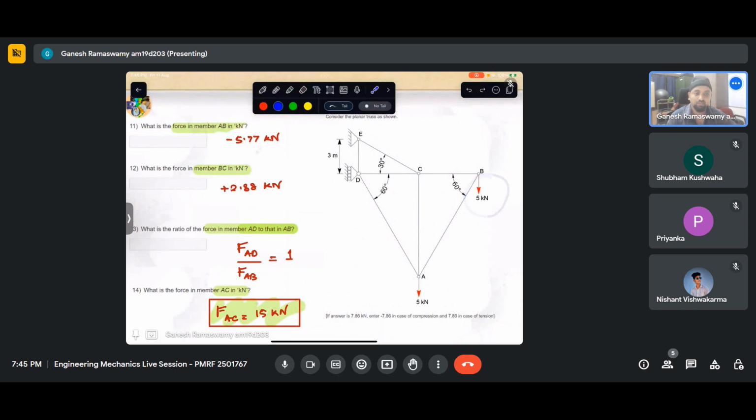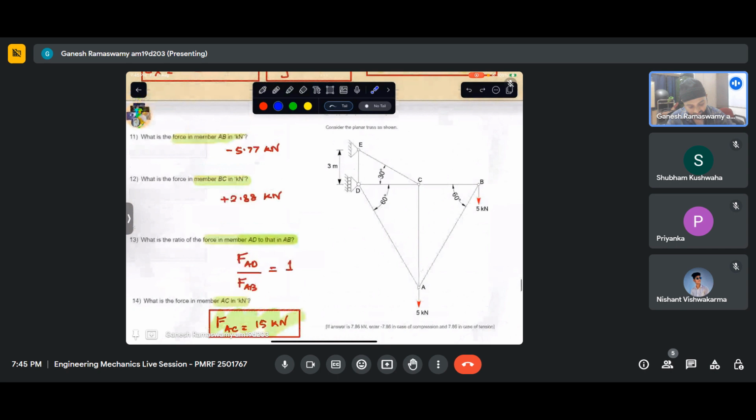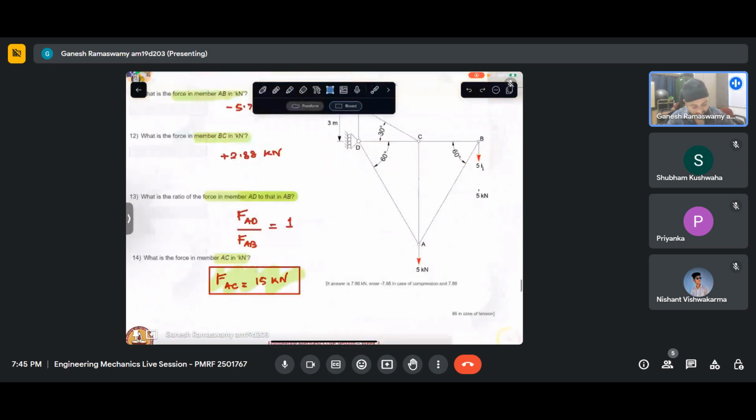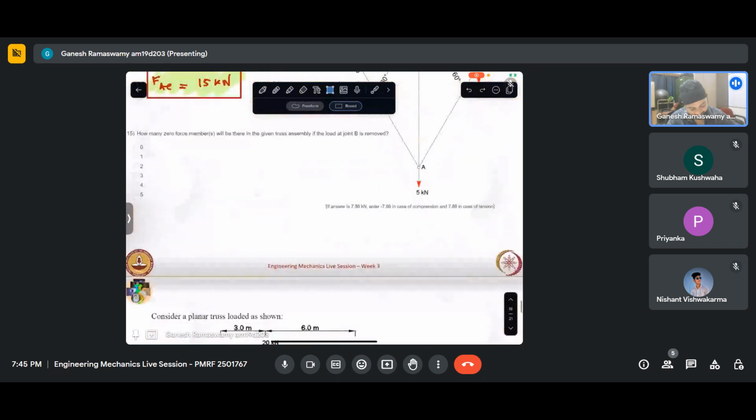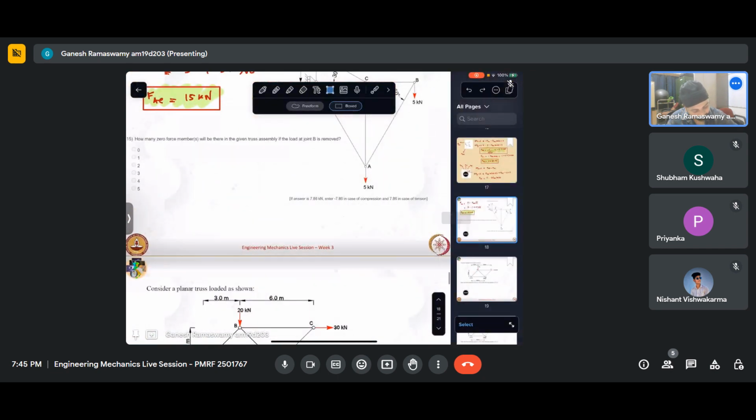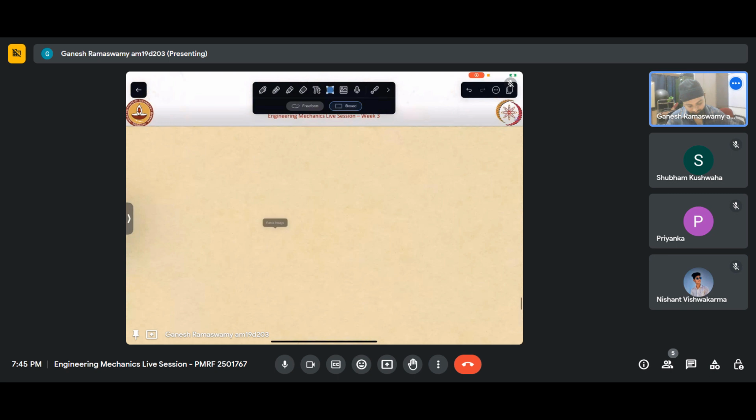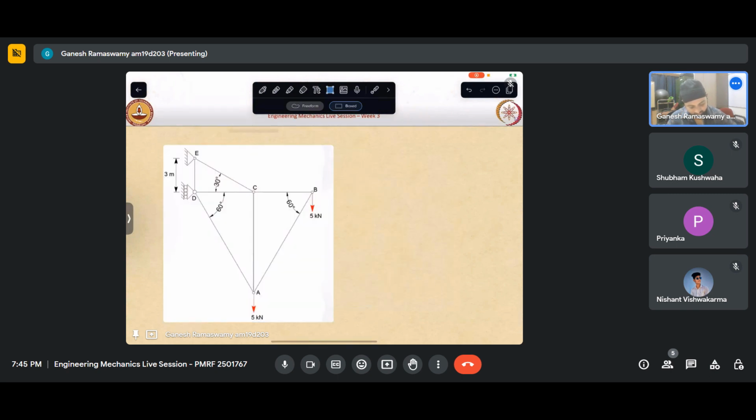It is not for the current present configuration. So first let us make a copy of this and try to remove that force and see. So this is my truss and this force I have removed now.